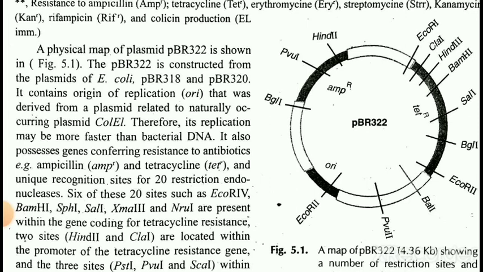6 of these 20 sites, such as EcoRV, BamHI, SphI, SalI, XmaI and NruI, are present within the gene coding for tetracycline resistance. 2 sites, HindIII and ClaI, are located within the promoter of the tetracycline resistance gene, and 3 sites, PstI, PvuI and ScaI, within the beta-lactamase gene that provides resistance to ampicillin.